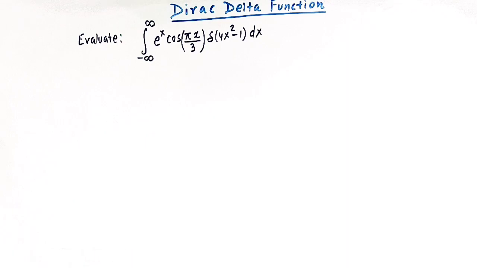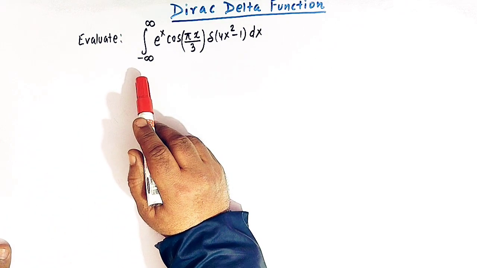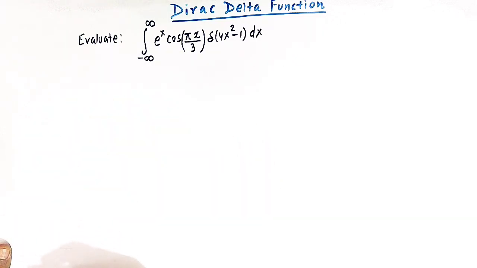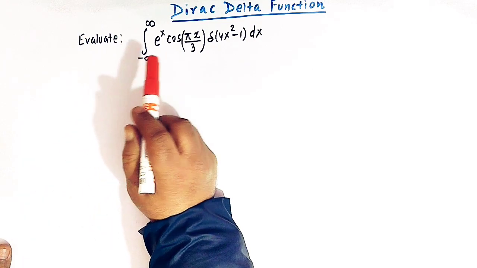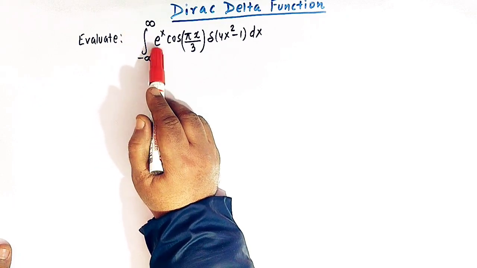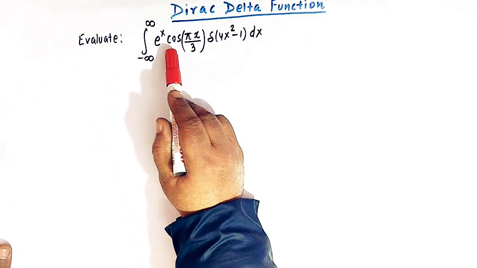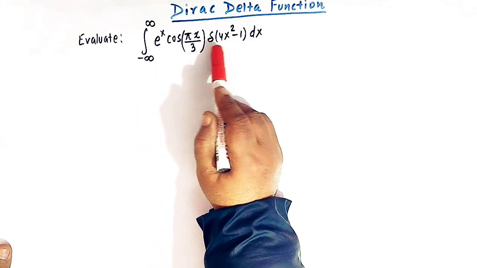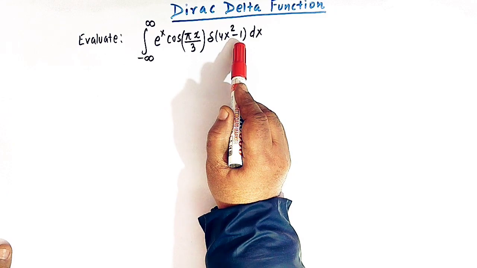In this session we are going to discuss this important integral, which utilizes some important properties of the delta function. Here we have to evaluate the integral from minus infinity to infinity of e raised to x, cosine of pi x over 3, times the Dirac delta function of 4x square minus 1, right?